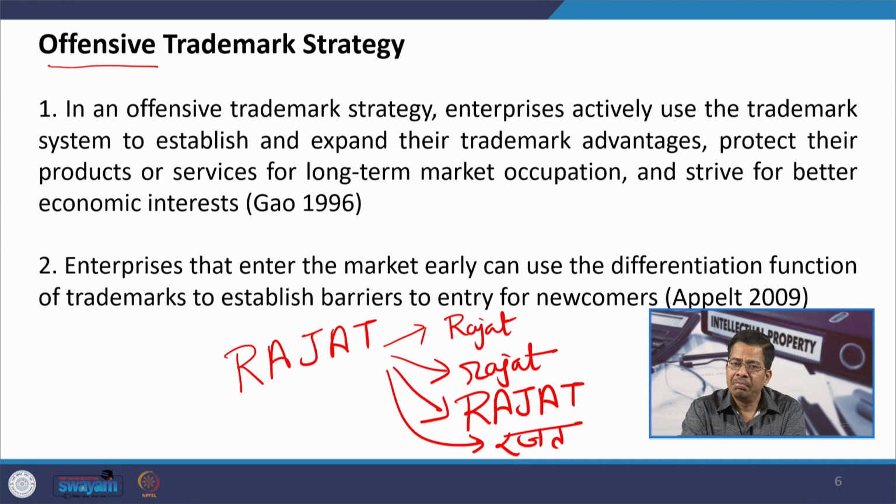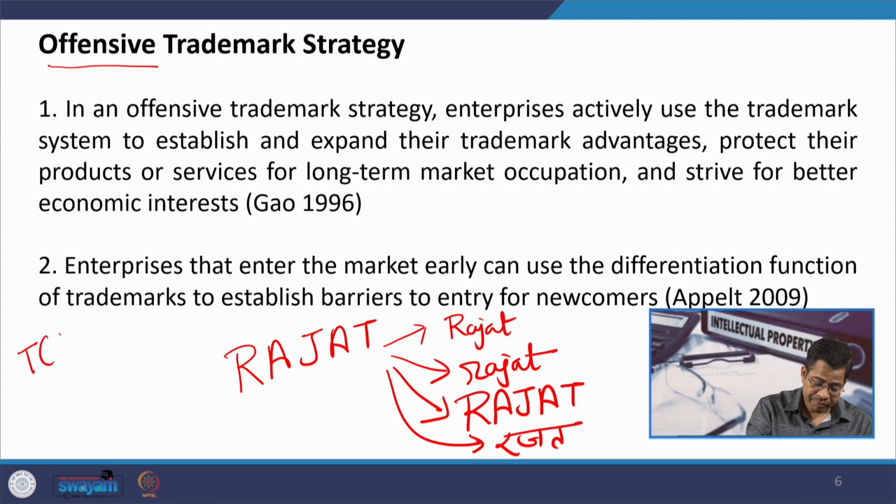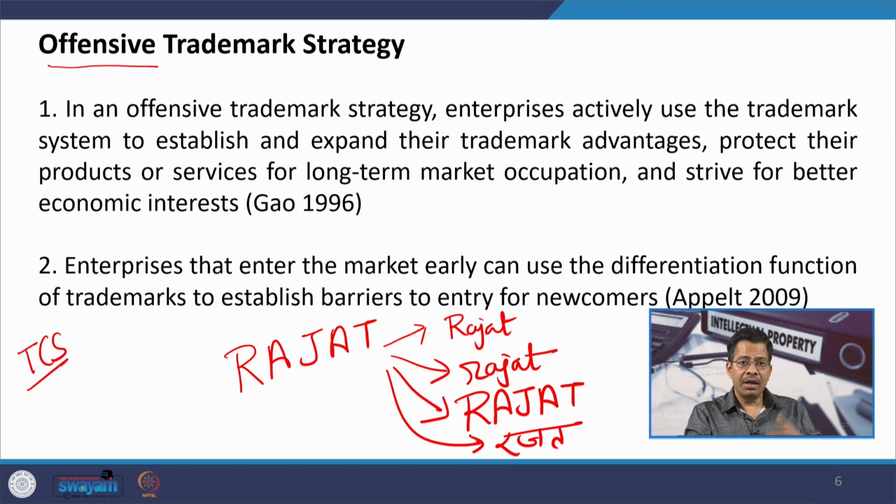And multinational organizations, I was just giving the example of Nestle, which is an FMCG company. But on the other hand, if you see a very interesting example like TCS, which is an IT enabled services type of organization, it also has a very large portfolio of trademarks, maybe 1000 plus trademarks are available with TCS.